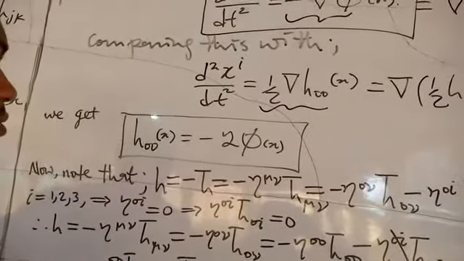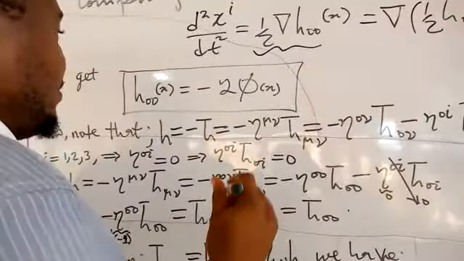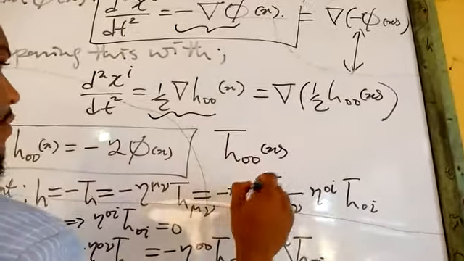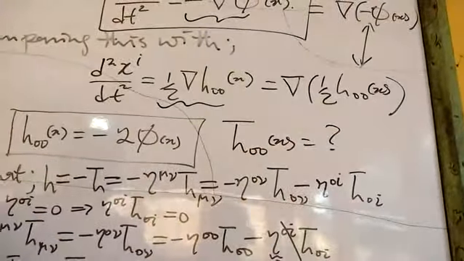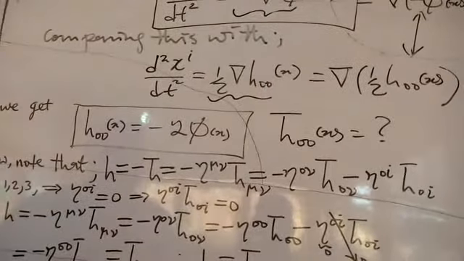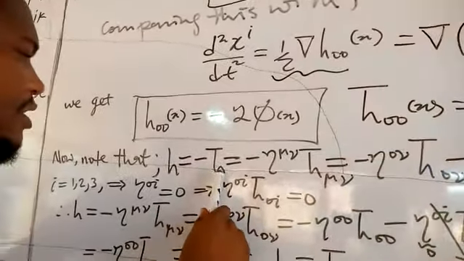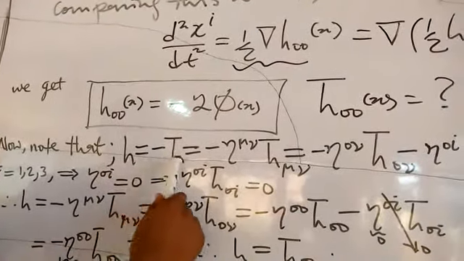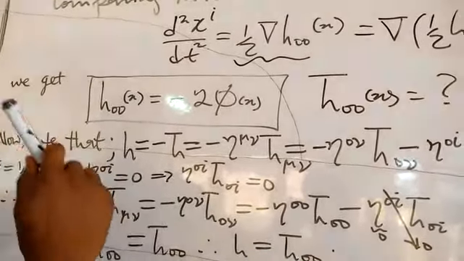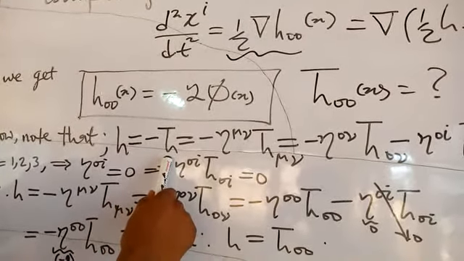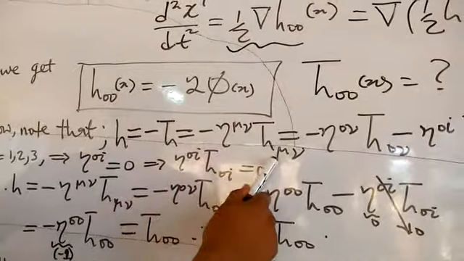Now, in essence, what we want to find is if really this will be the same for this. What would this be equal to? In order to do that, we want to recall first of all that this trace reverse metric perturbation just means that this metric perturbation is the same as this, except of course for the reversal of its trace, and that is why we're writing h to be equal to minus this object here, which I can write as that.